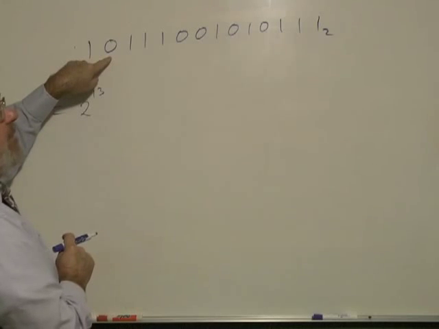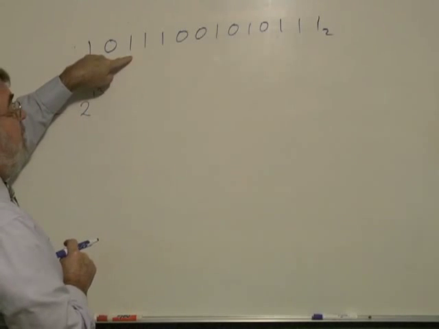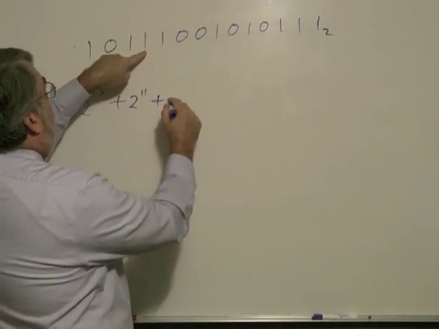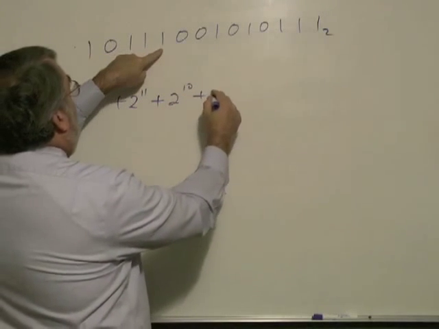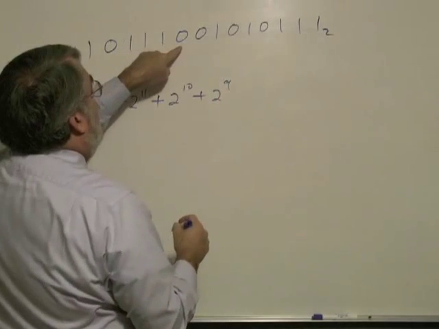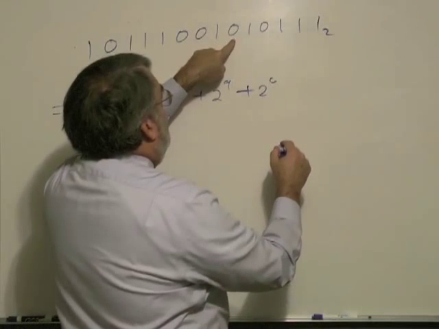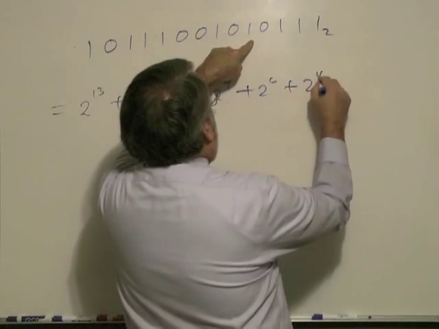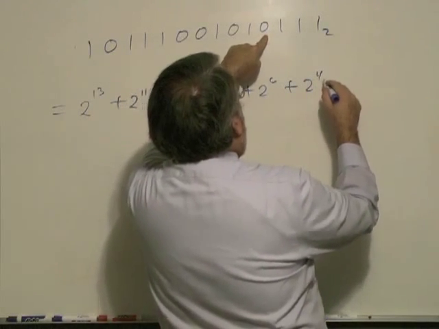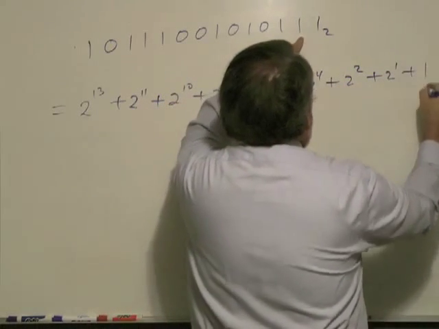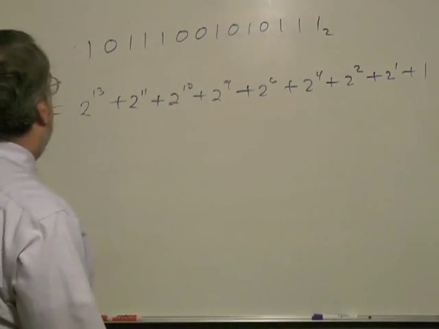This is the 12th place value, and it's a 0. Then here's the 11th place value, so this is 2 to the 11th, 2 to the 10th, 2 to the 9th, 8, 7, 2 to the 6th, 5, 2 to the 4th, 3, 2 squared, 2 to the 1st, and 2 to the 0 is 1.